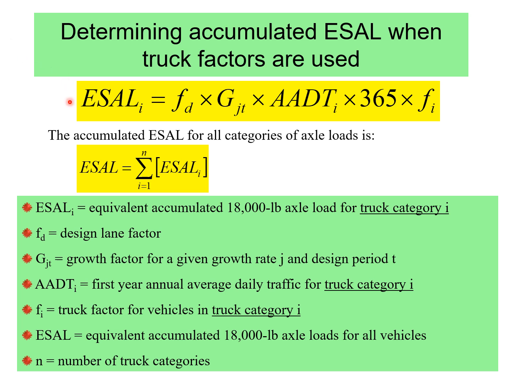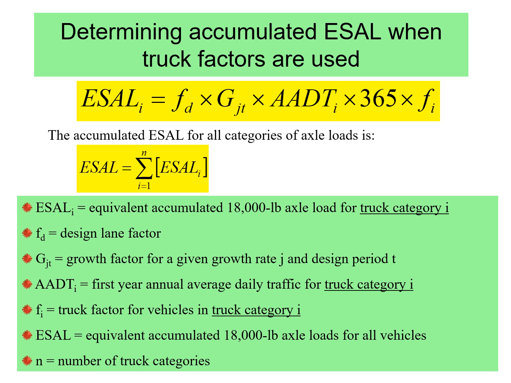In this formula again you can see F sub D, that is the design lane factor, G sub JT, that is the growth factor for a given growth rate J and design period T, AADT, that is the first year annual average daily traffic for truck category I, and F sub I, that is the truck factor for the vehicles in truck category I.